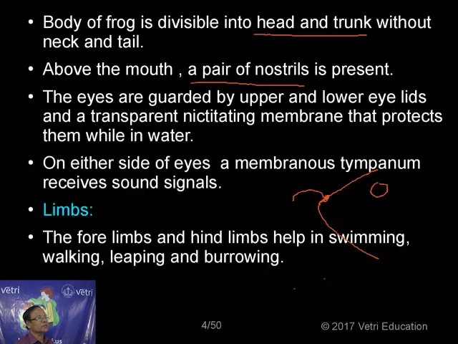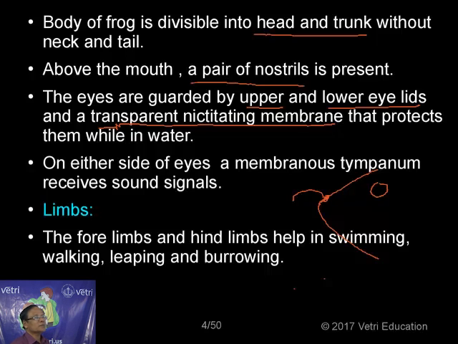It is a somewhat transparent membrane, not completely, which closes the eye when the animal is in water. When the animal is diving into the water, the eye is protected with the help of the nictitating membrane.